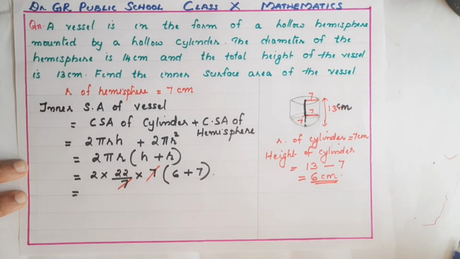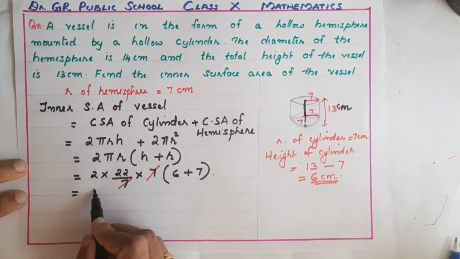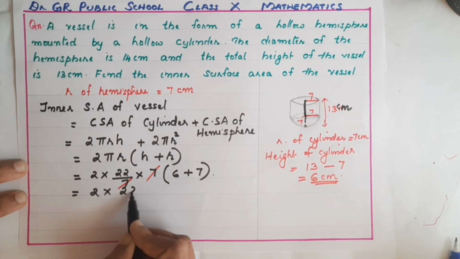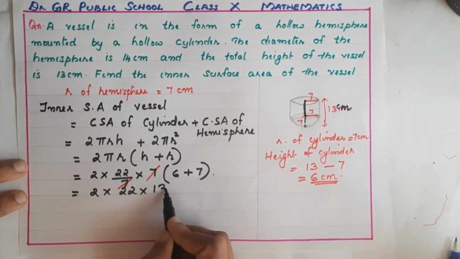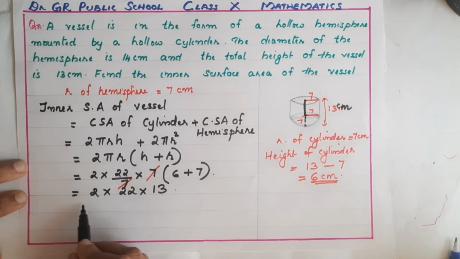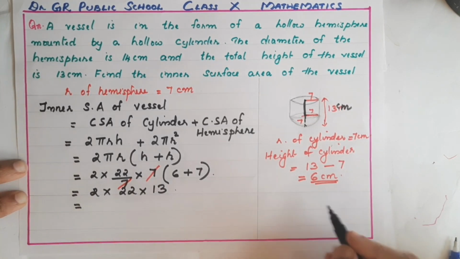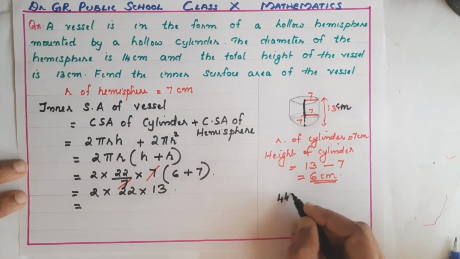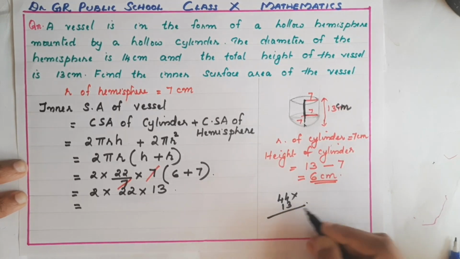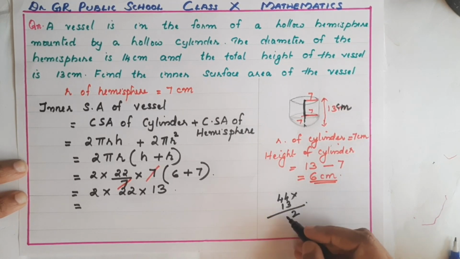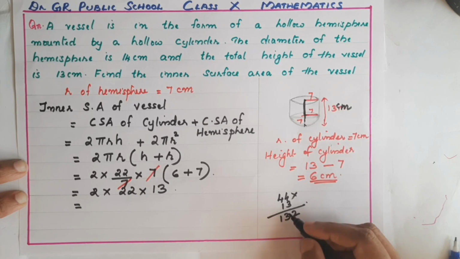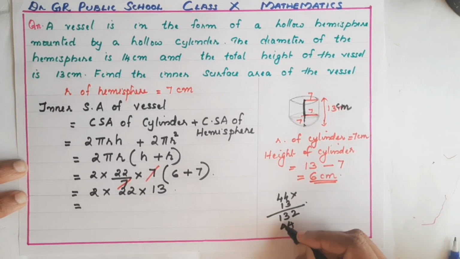What is remaining? 2 into 22 into 13. 2 into 22, 44. 44 into 13: 4 times 3 is 12, here 13, 4, 4.